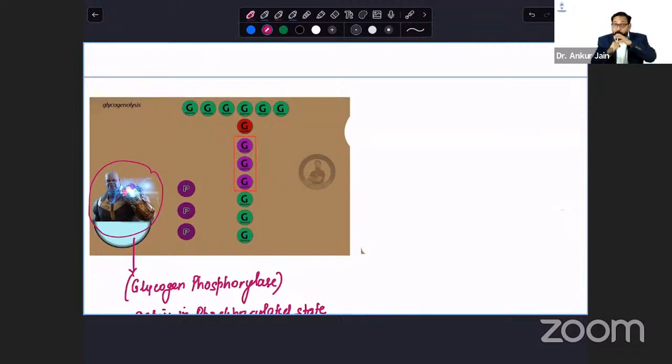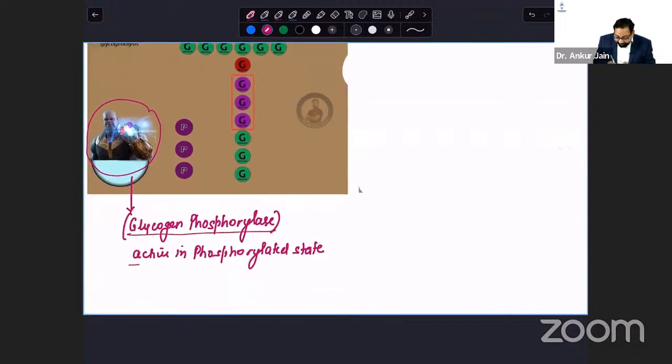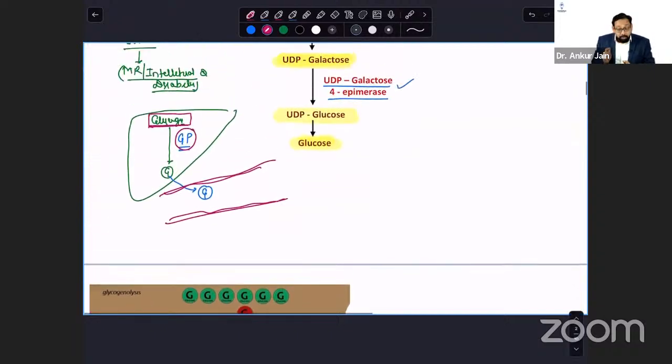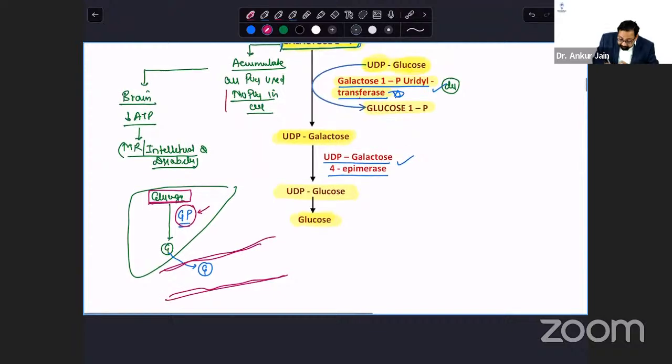And Thanos requires phosphate to be activated. It requires 6 stones. So glycogen phosphorylase is active in the phosphorylated state. Means if you want to activate glycogen phosphorylase, there must be phosphate. So glycogen phosphorylase must be phosphorylated, but phosphate is deficient in the cell. So this glycogen phosphorylase will not be activated. So this will remain inhibited.